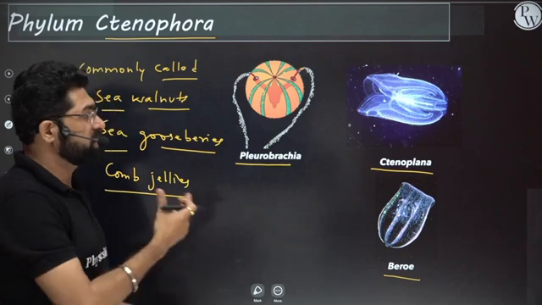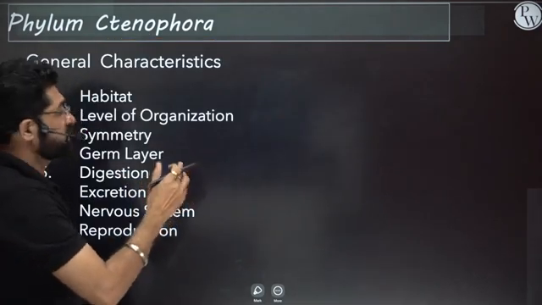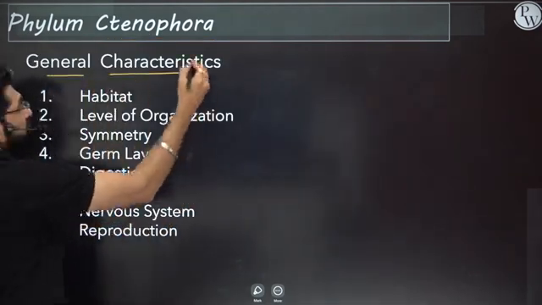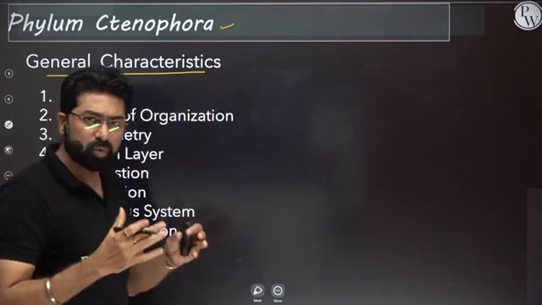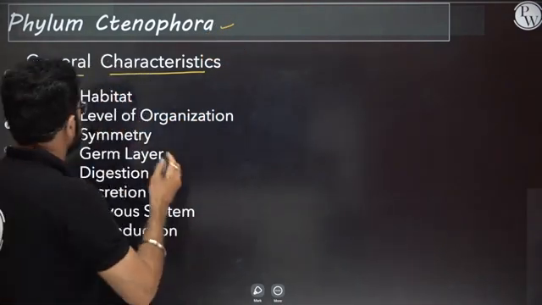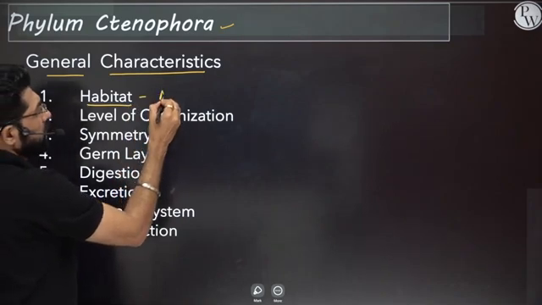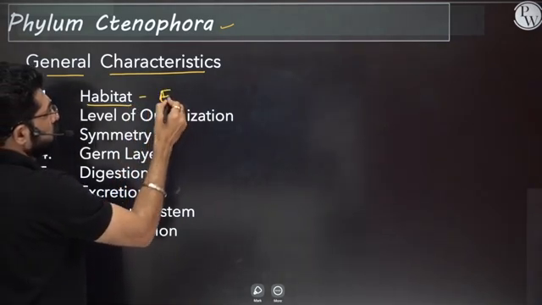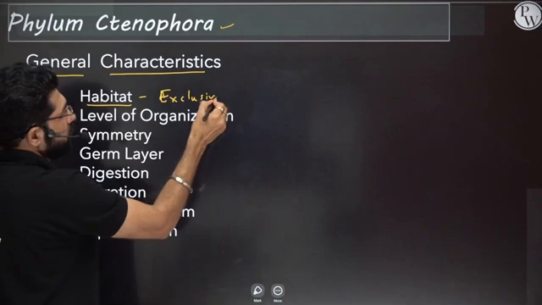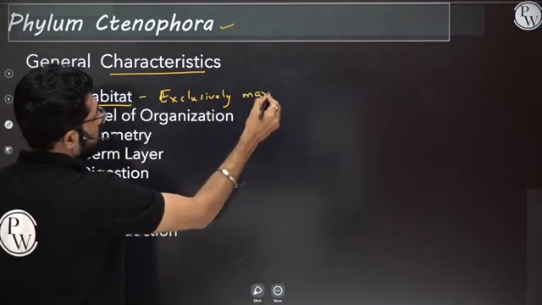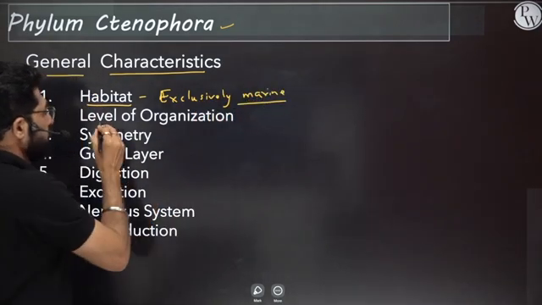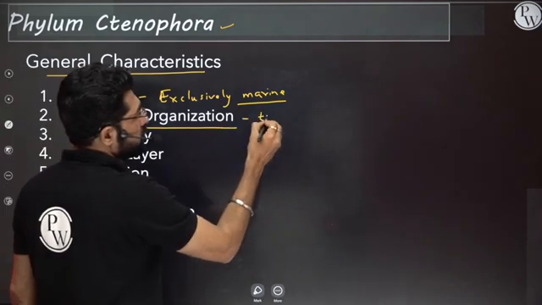Let's see some general characters of phylum Ctenophora. They are very similar to the Cnidarians. Let's see how. Habitat: they are exclusively marine. They are not found in fresh water. They are found in marine waters. Level of organization, again it is tissue level.